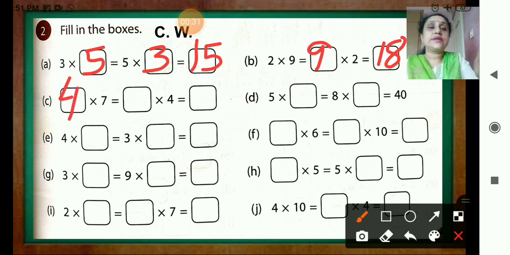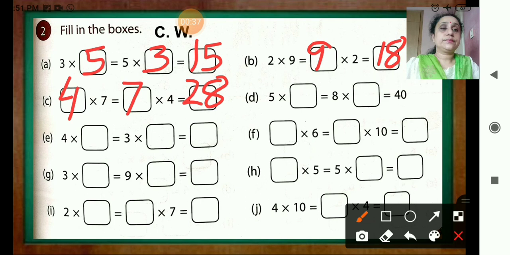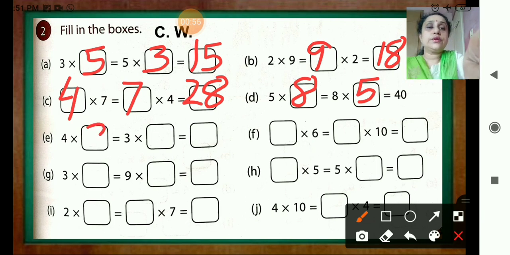So 4 sevens are equal to 7 fours are 28. Then 5, what will you write here? 8s are, and 8 fives are 40. Now the next one, 4 threes are, and 3 fours are 12.